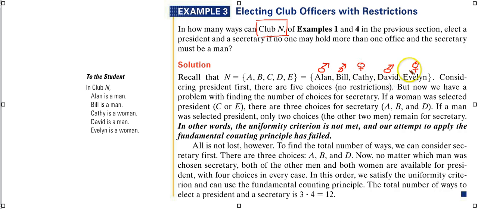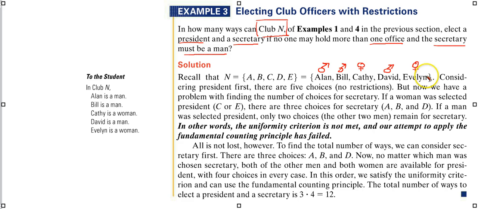This is a male, and then this is a female. So we have 3 males and 2 females. But the restriction they're saying is, let's read it carefully, you want to elect a president and a secretary if no one may hold more than one office. So if you're in one office, you can't hold the other. And the secretary must be a man.